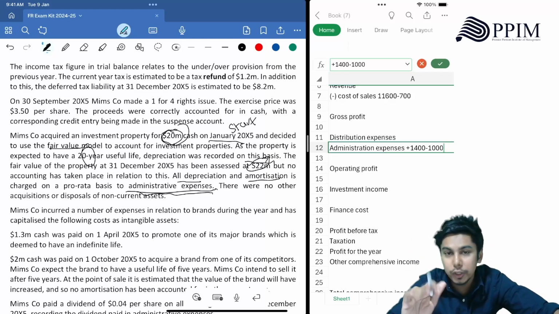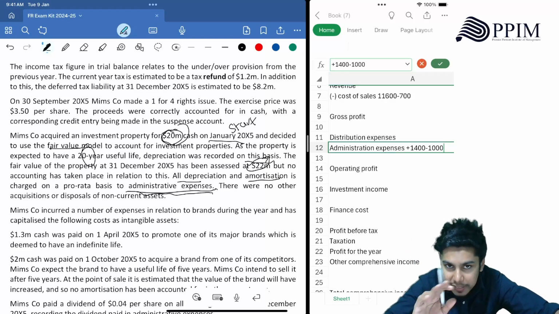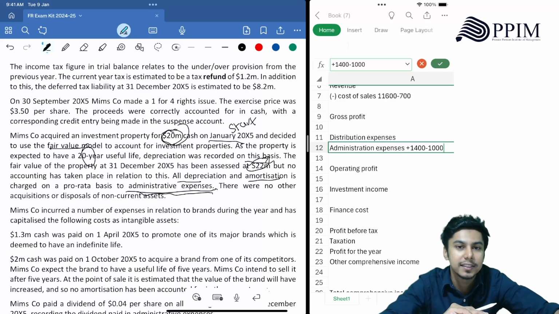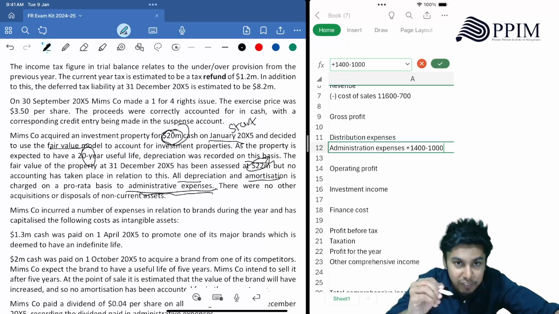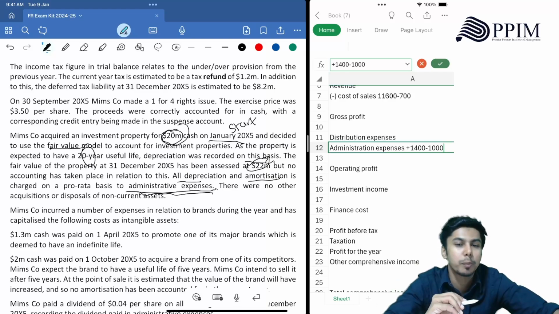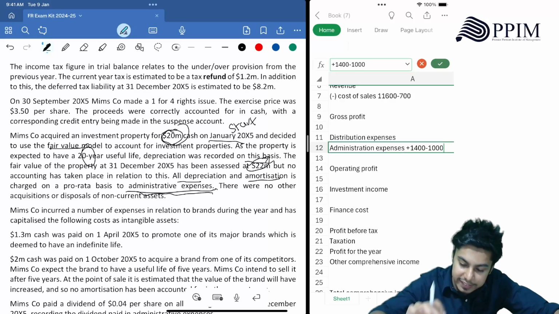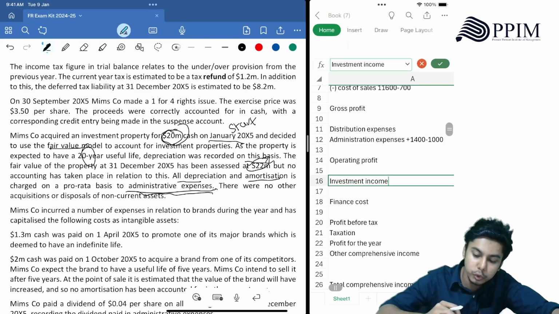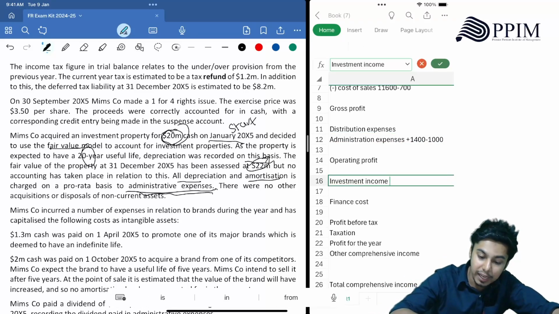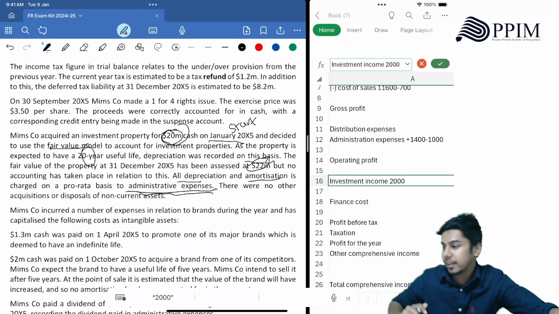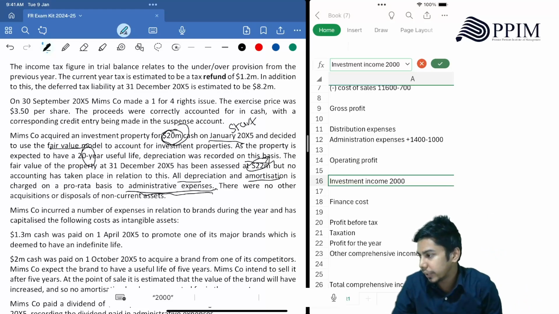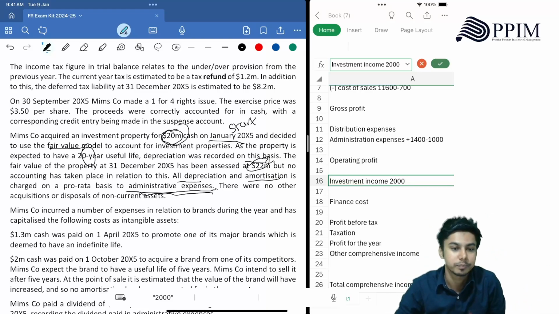Fair value increase, do we take it to OCI? No. Revaluation increase only you should take to OCI. If it's the fair value increase under the investment property standard, the increase has to be taken to investment income, other income. Go and mark it inside other income, 2000. Very good. It has to go to P&L.